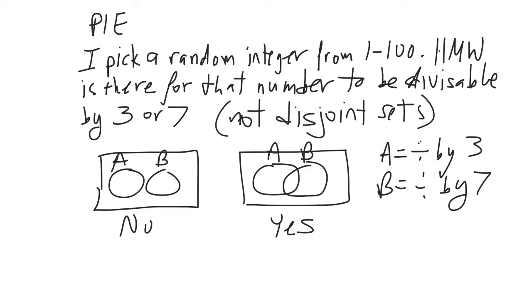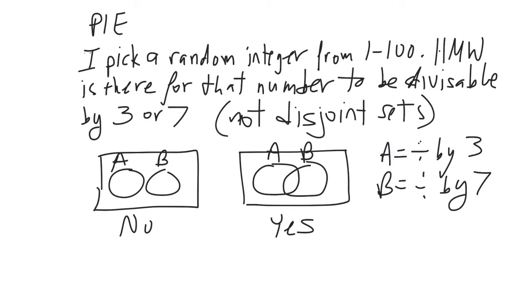So in other words, there's a possibility that the number could be divided by 3 as well as being able to be divided by 7, that it can be in both of these choices. So it is not disjoint sets where it's like it could be a heart or it could be a club. They don't overlap. It's this kind of set here where they're not mutually exclusive, where it could be divisible by 3, it could be divisible by 7, or it could be divisible by 3 as well as 7.